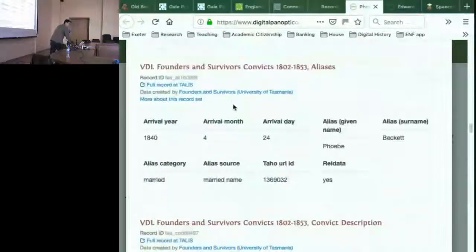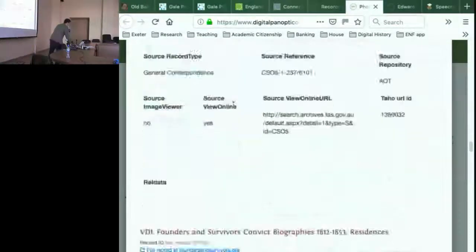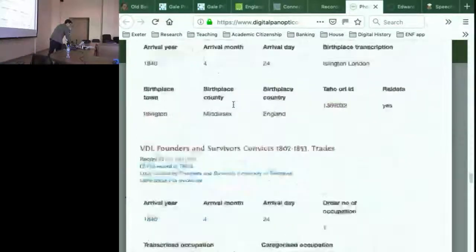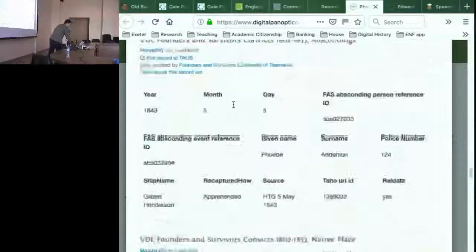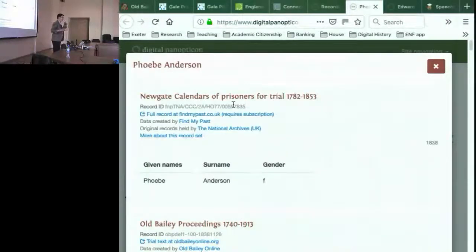So the computers found Phoebe Anderson in these 10 different sets of records, and essentially it's brought those different sets of records together in a collective. But as you can see, just from scrolling through, it's a jumble of information.